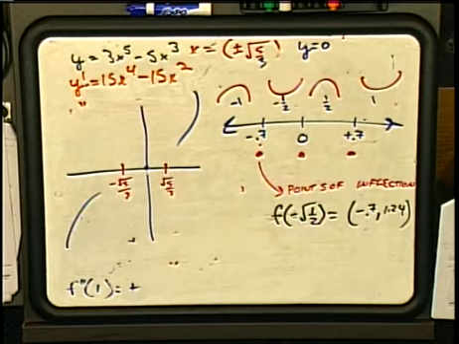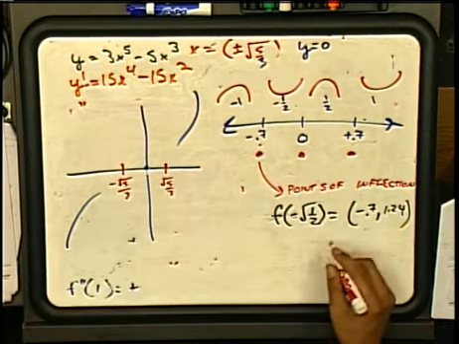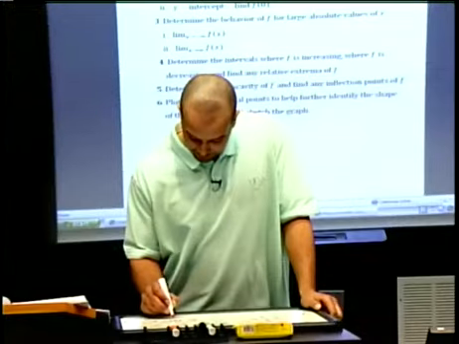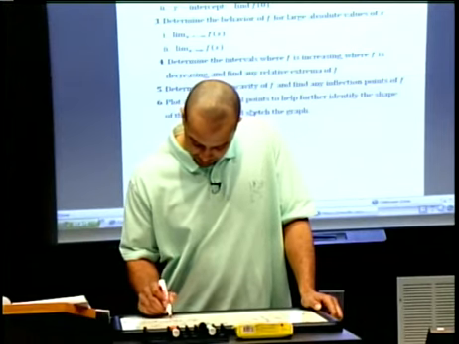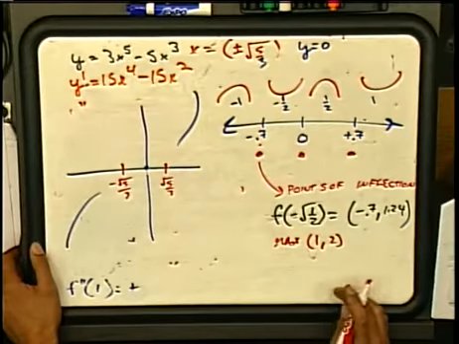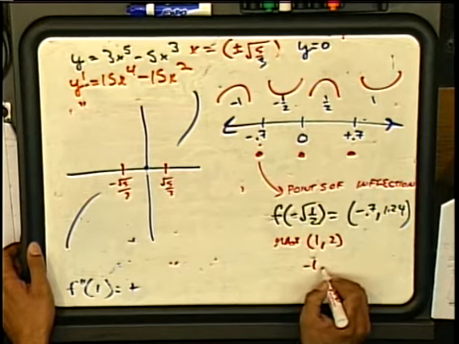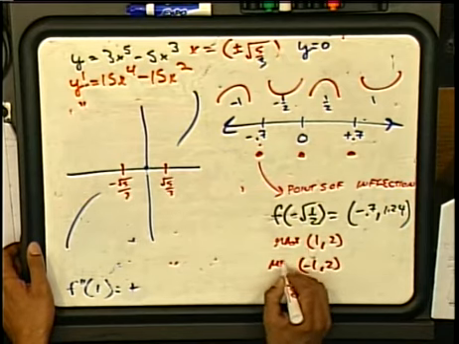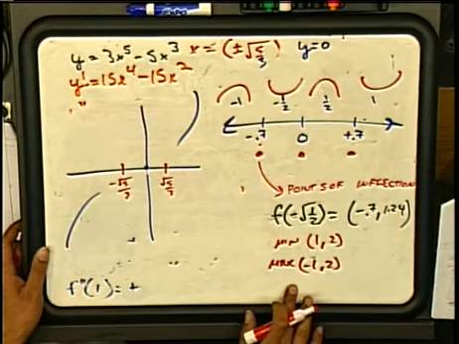Do you have the minimum and maximum points written down? Negative 1, 2, max. And that's a max. Negative 1, 2 would be max. No, it was the other way. 1, negative 2, negative 1, 2. Like that. Your maximum is negative 1, 2.